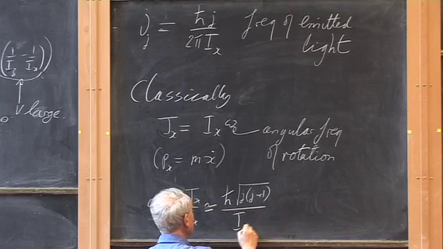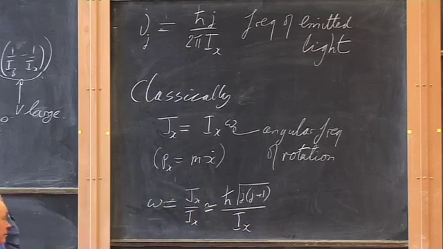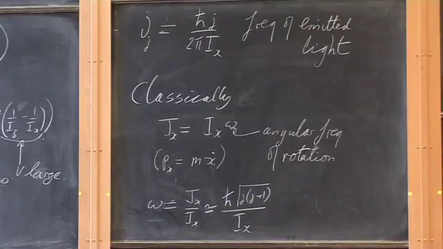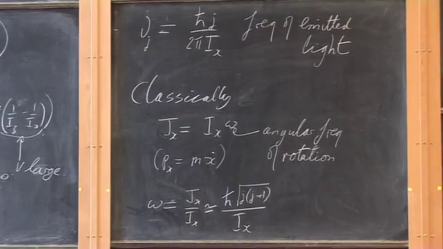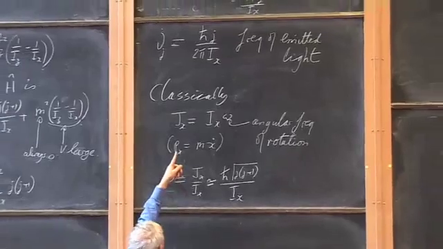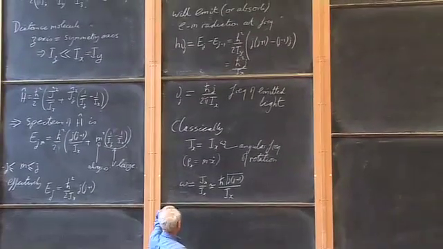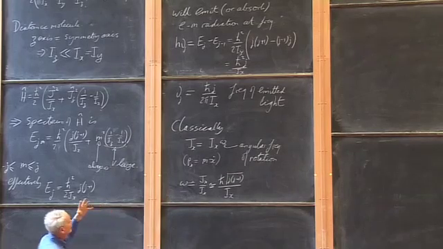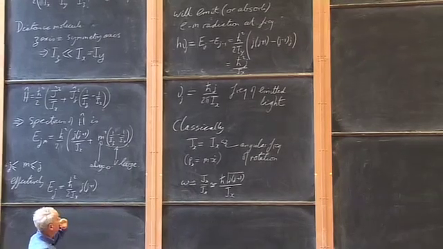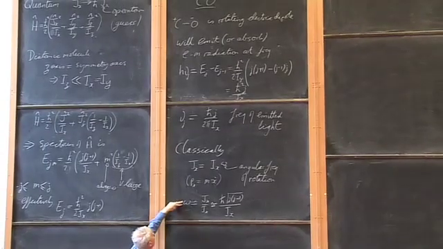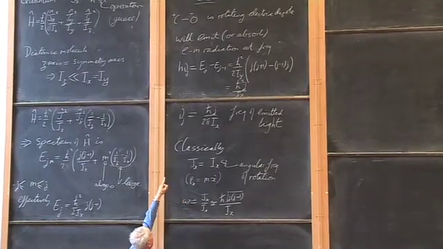Divide through by I_x. And we want to relate this to the frequency we had up there, factor of 2 pi. Oh, sorry, this is the angular frequency, that's the actual frequency.